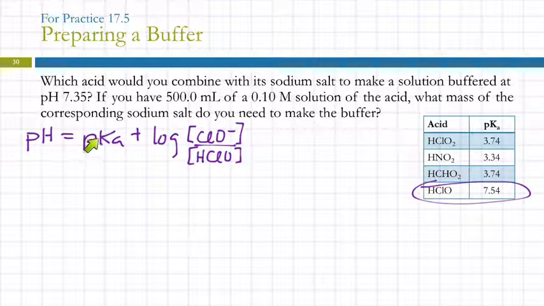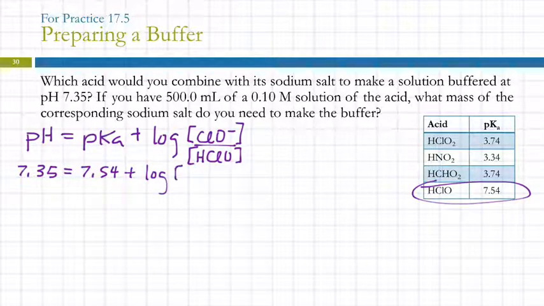We know what the pKa is, we know what the pH is, we know what the concentration of the acid is, it's given right here, so we can calculate the concentration of the hypochlorite ion. So pH is 7.35. That's going to equal 7.54 plus the log of the thing we want divided by 0.1.